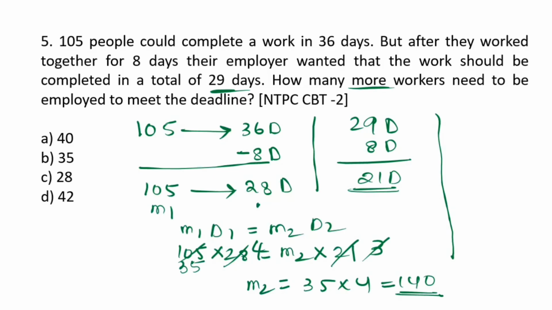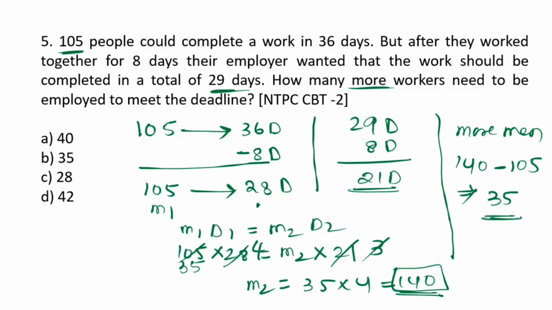So already 140 members I have found out, and 105 are already working. So I have to subtract 140 minus 105. So I'll get 35. So 35 more men are employed to meet the deadline. Okay, so the answer is 35.